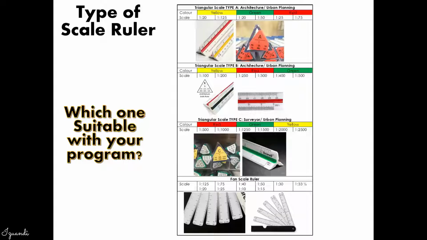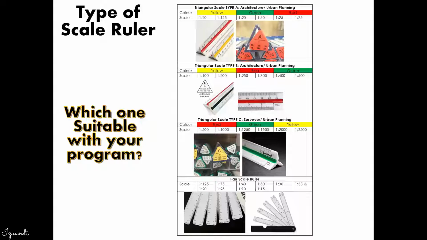And then we move on to scale ruler number 4, which is the fence scale. This one is normally used by architects, surveyors, building survey, interior architecture, which is normally used for short lines or small drawings.